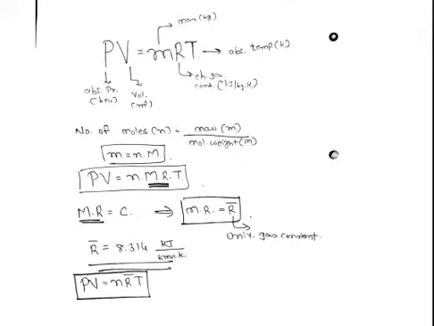And here we can say that m is equal to n into M, where n means number of moles, n is equal to mass divided by molecular weight, and M is the capital M molecular weight. So we can write the equation further as Pv is equal to nMRT, where MR is a constant, and this constant we define by R bar, which is known as the universal gas constant.